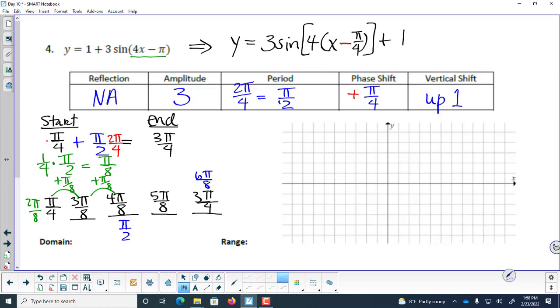So, should we just make 2 squares? Is that going to work? 1, 2, 3, 4, 5. So this is pi over 4, and then this would be 3 pi over 8, and this would be pi over 2, and this would be 5 pi over 8, and this would be 3 pi over 4.